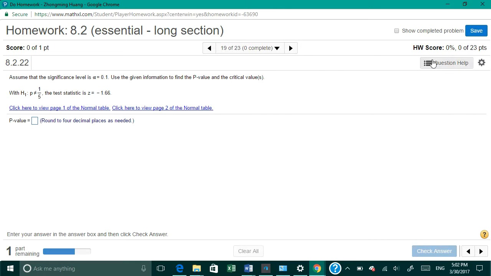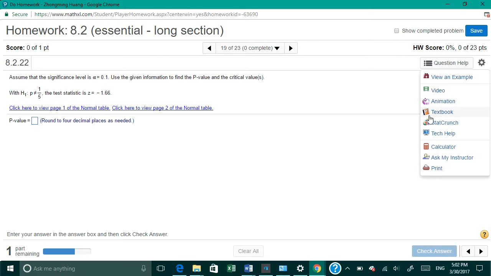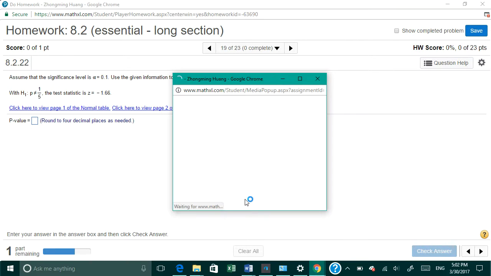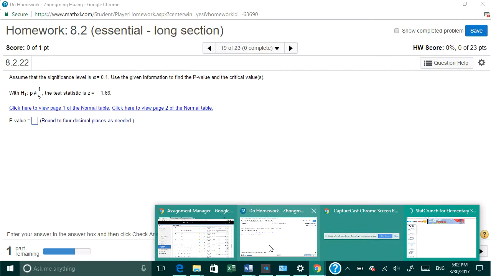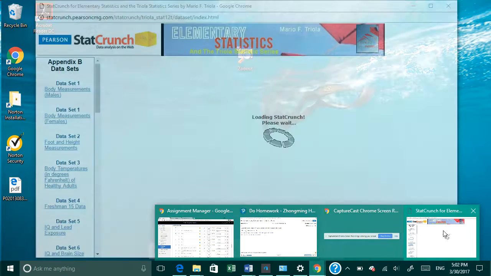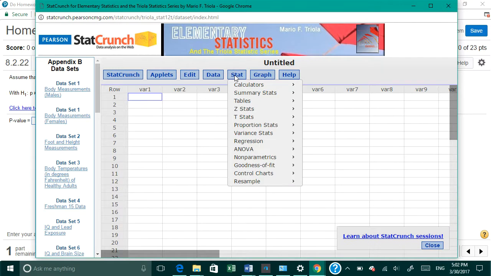You could either use the table or you could use StatCrunch. I personally prefer just StatCrunch. Okay, it takes a little while.